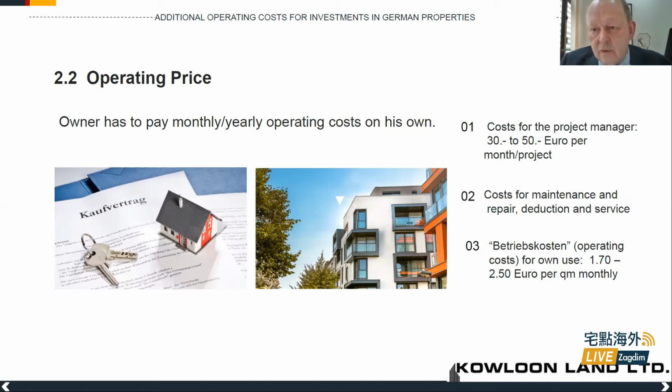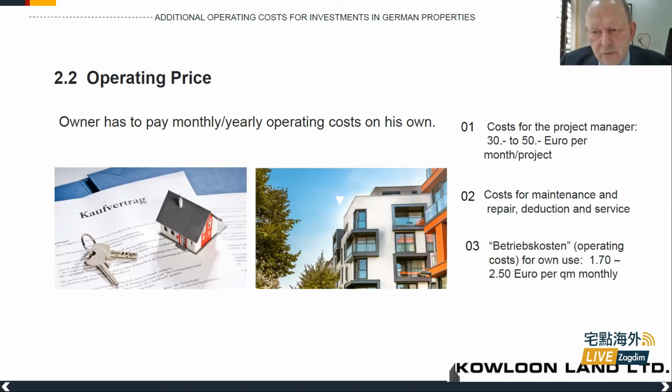This is a calculation for every investor: say I have, for example, 50 square meters, and I calculate the full price of 2.50 euros, then we have over 100 euros per month only for the costs for repair and everything coming for the property. But that is also not much.